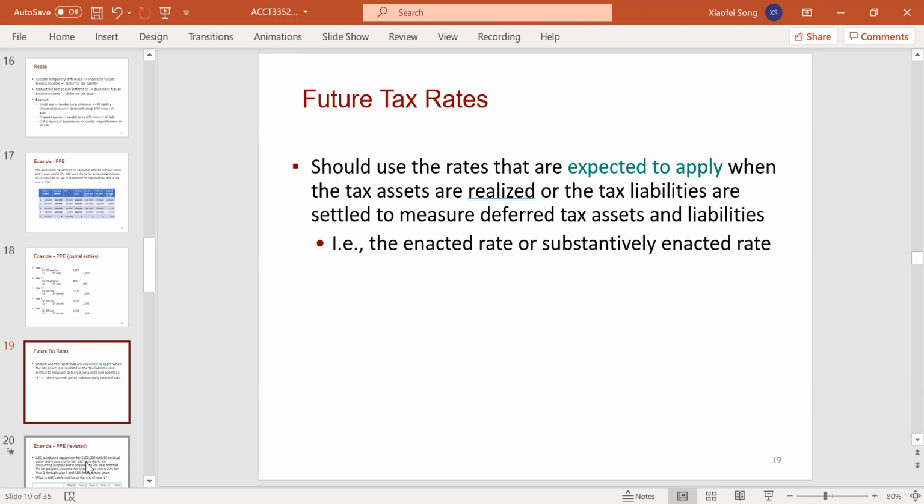However, you already know the future tax rate will be 21%. So when some of the difference will affect 2018 income tax, the tax effect, you've got to use 21%. That's why this is the enacted or substantively enacted rate, more likely than not, right?